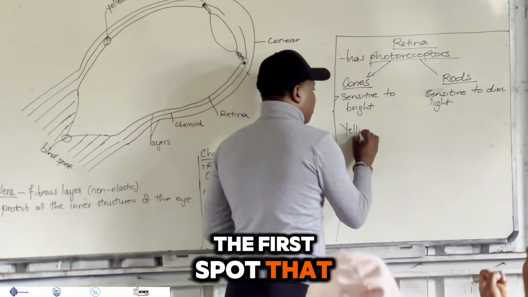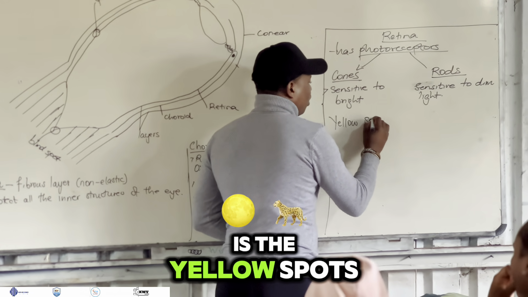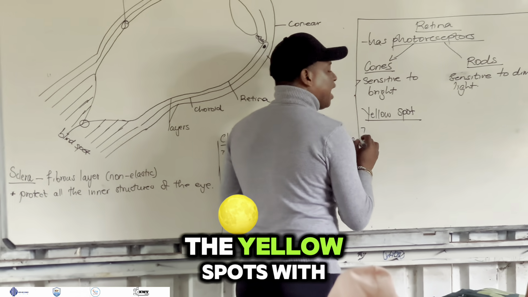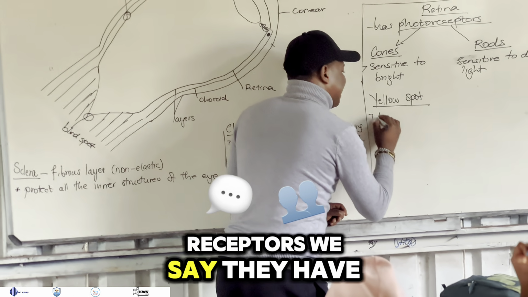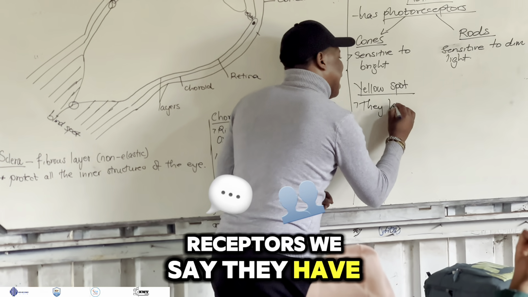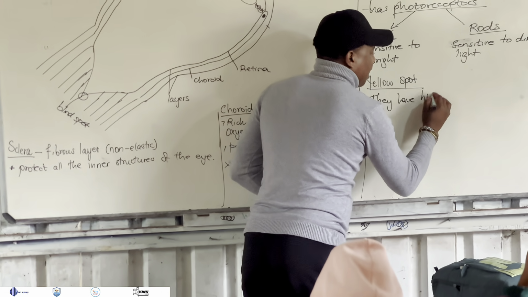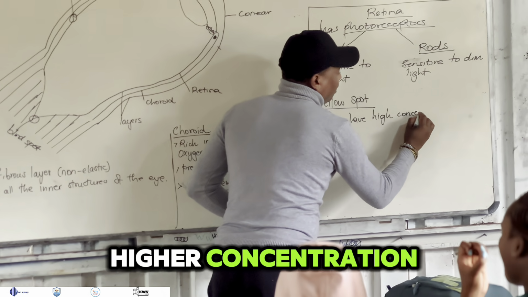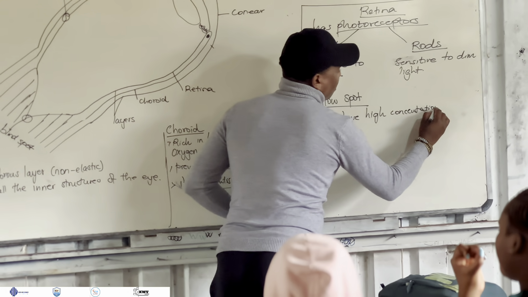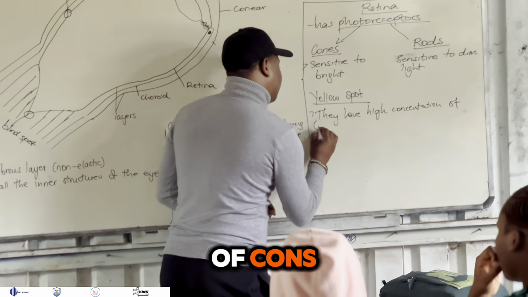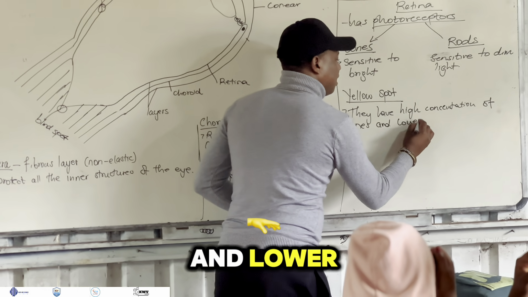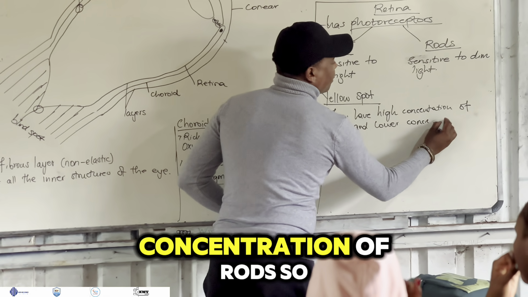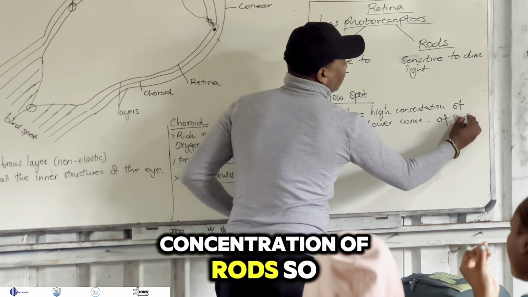Now you have to understand each spot. The first spot that we will look at is the yellow spot. With regards to the photoreceptors, we say it has a higher concentration of cones and a lower concentration of rods.